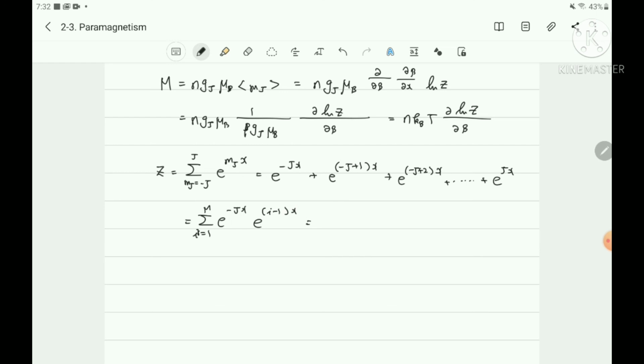From the series calculation, it is exponential minus jx times 1 minus exponential mx over 1 minus exponential x, and here m is 2j plus 1, because it is the number of degeneracy.